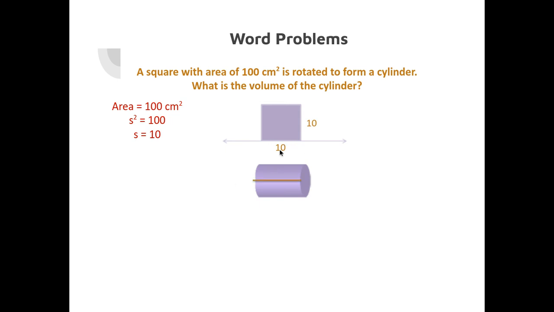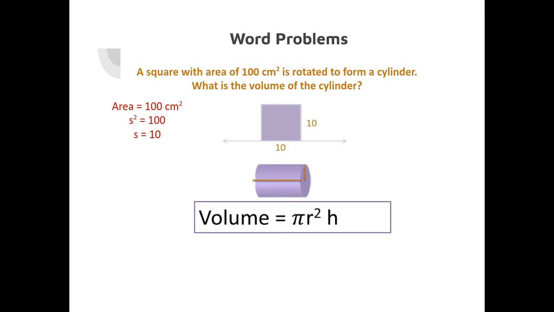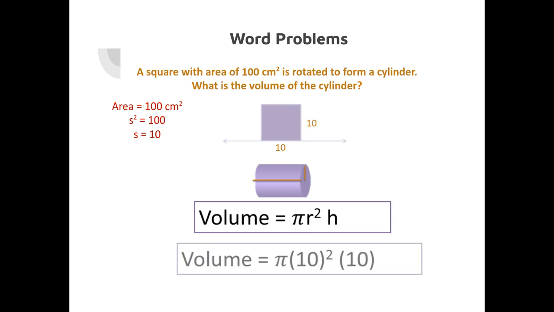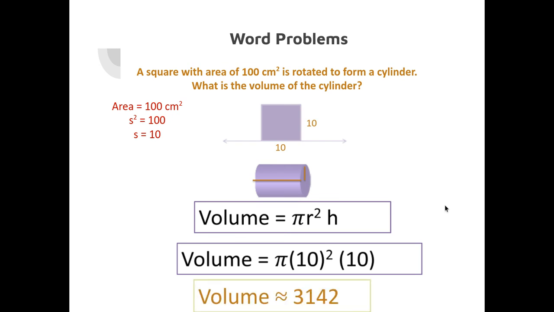Well, this 10 becomes the height, and this 10 becomes the radius. So now I have what I need to get the volume by simply substituting in both of my 10s. And that would be 1,000 pi, or about 3,142.